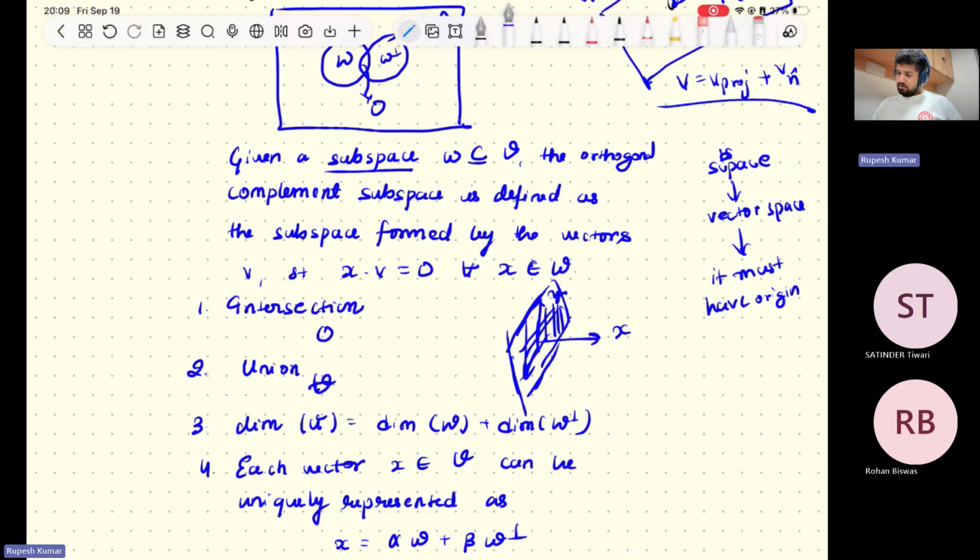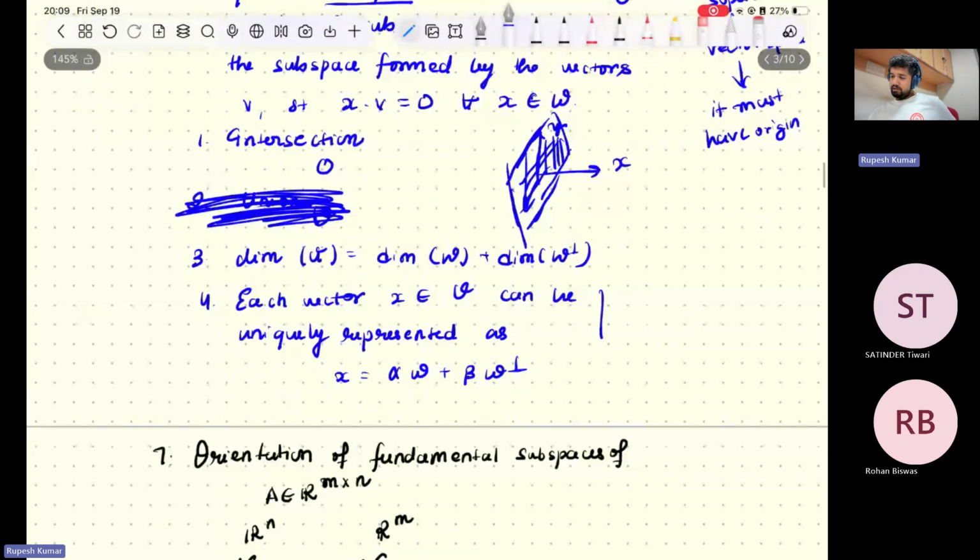You just have to say span of union. That also works. Fine. So this is it, and then every vector can be written like this. We can always prove that this will be a unique vector.